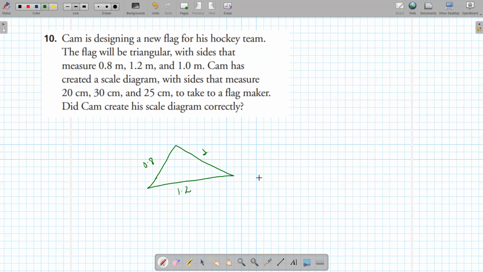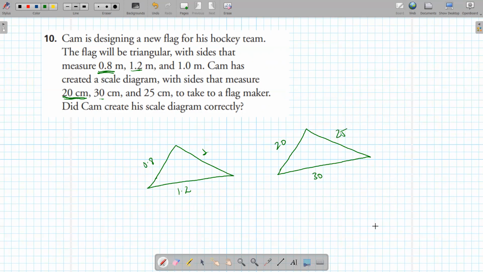Cam has created another triangle that measures, now look at this. The smallest here needs to be the smallest here. This needs to be 20. The biggest here needs to be the biggest. That 1.2 is going to end up becoming 30, and that 1 is going to end up becoming 25.